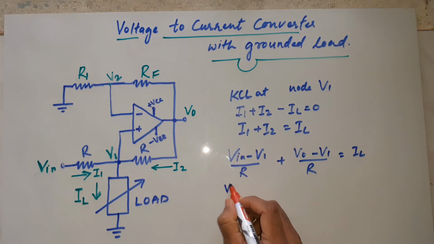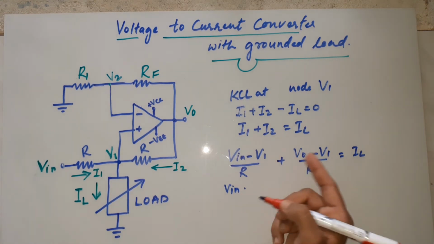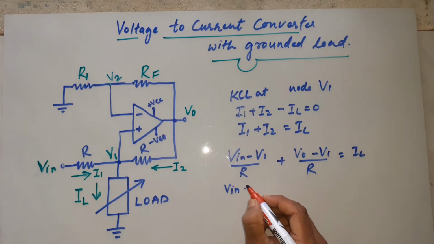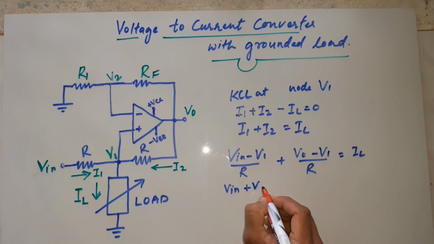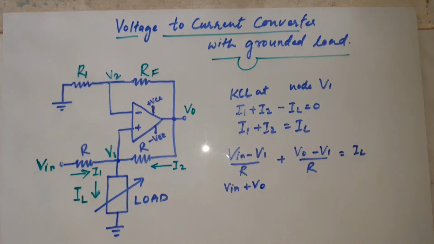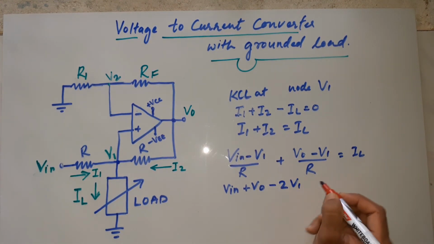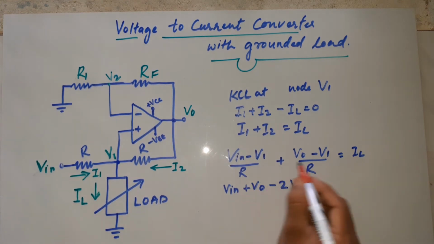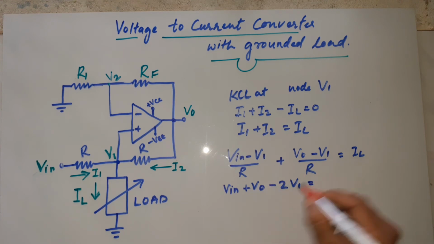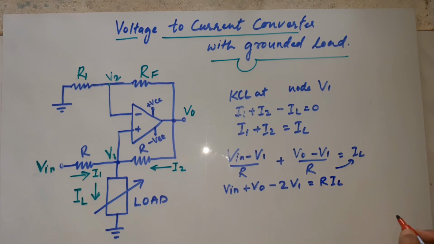We have V in minus V1 plus V0 minus V1, that is minus 2V1, equal to R and R common from both the terms, I will take it on the other end. So this becomes R IL.